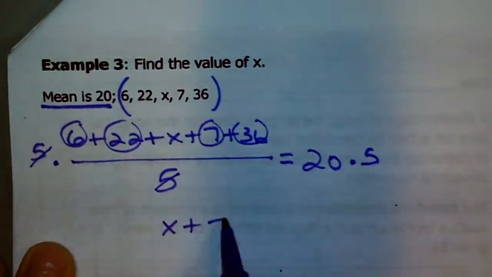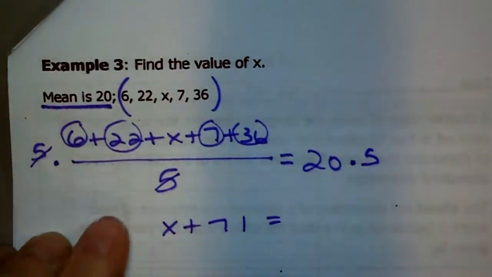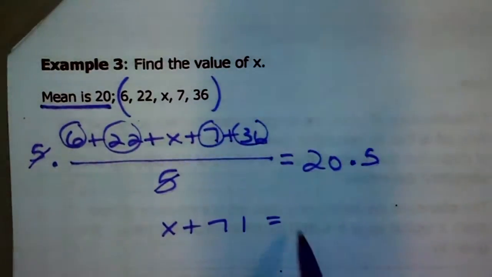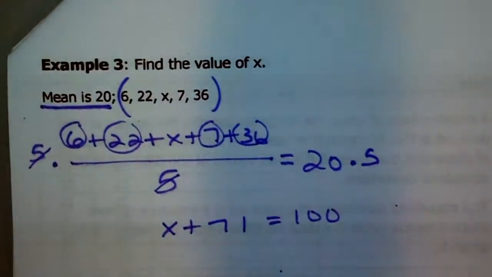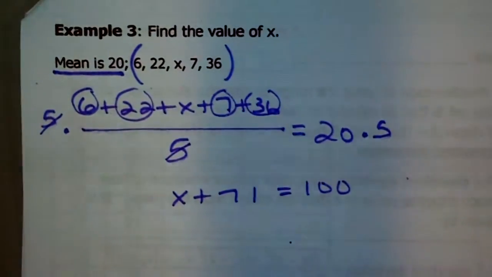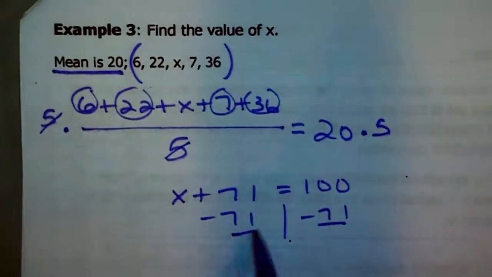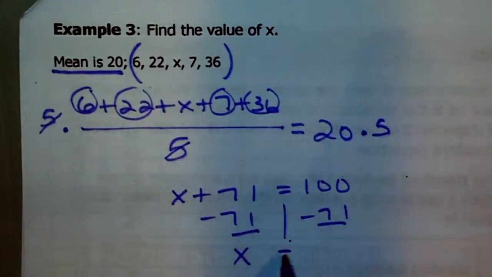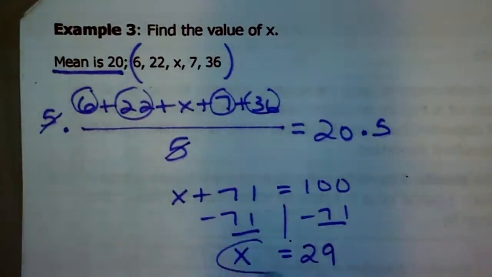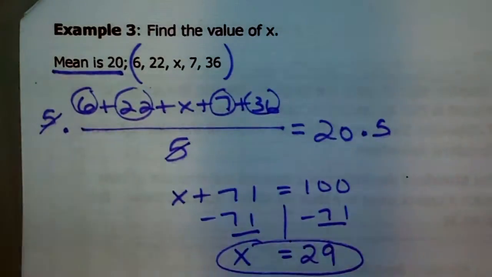So x plus 71 is left because the 5 is canceled out, and 20 times 5 is 100. All I have left is this little tiny 1 step, so I'm going to subtract 71 from each side, and 100 minus 71 is 29. So the value of x is 29.